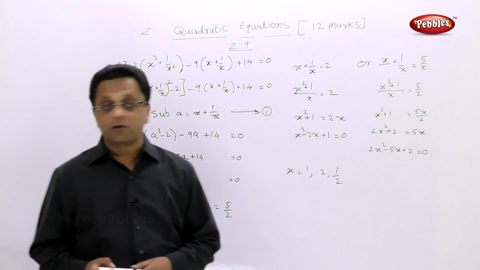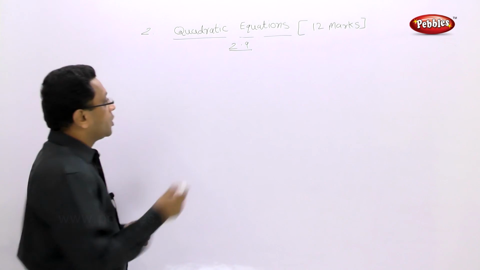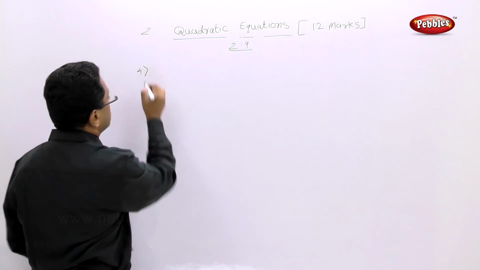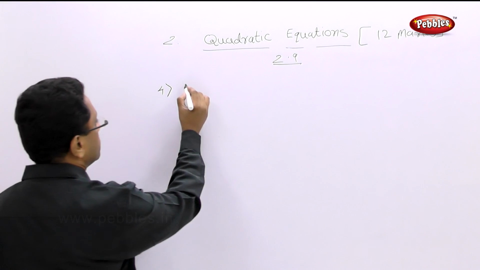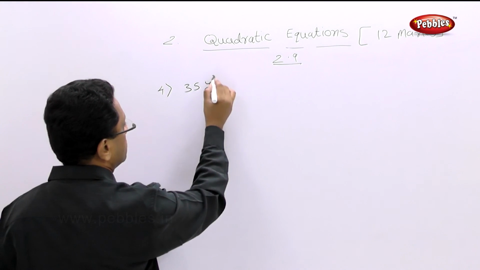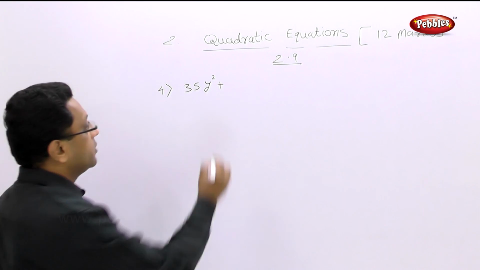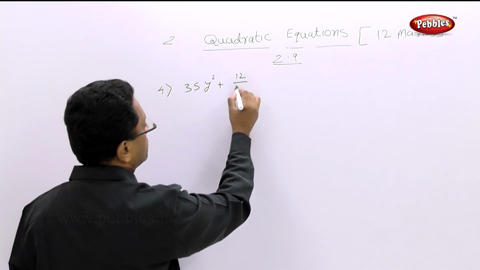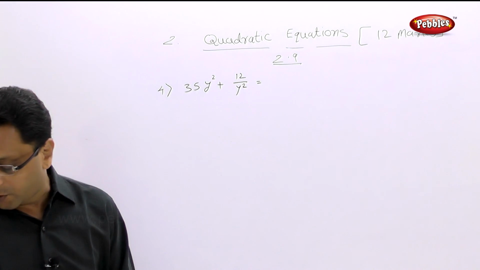Let's go ahead and solve the fourth example. Fourth example is 35y square plus 12 upon y square equal to 44.